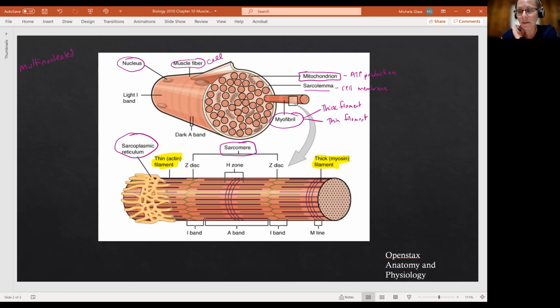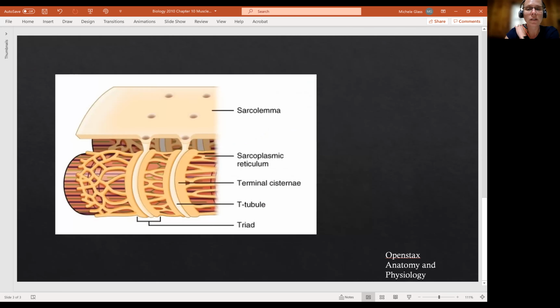This is the next diagram that I want us to look at, shows us highlighting the sarcolemma as the outer cell membrane, right? Sarcolemma is the same as our cell membrane. Now notice we have these small holes in the sarcolemma.